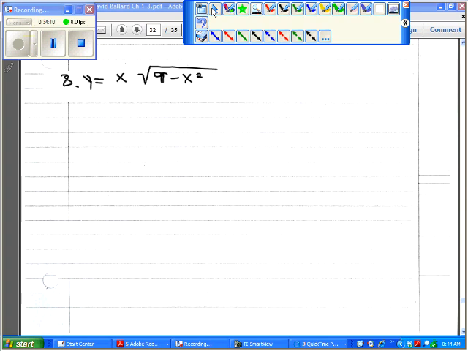When we do the derivative, we can do the product rule. We want to rethink this exponentially, so we're going to have y equal x times 9 minus x squared raised to the half, right?